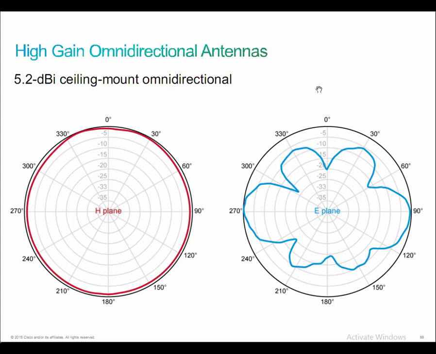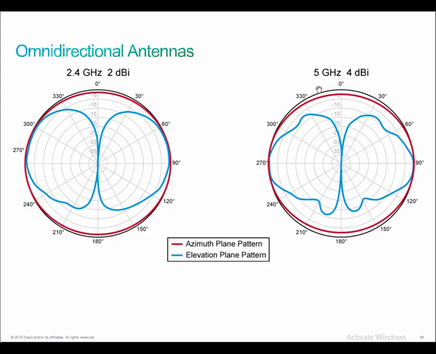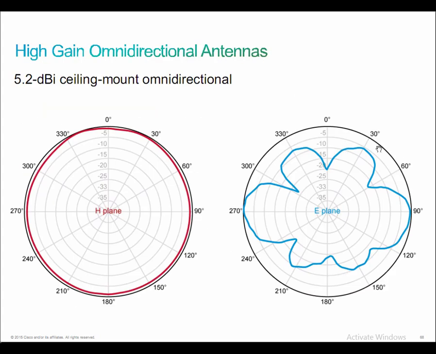If you think about this for a second, let's say in my omnidirectional antenna, I have 20 or 30 points on this line here. Well, when I go down to this, I still have 20 or 30 points, but they're going to be further apart. Does that make sense? So we're not increasing the power, we're distributing the power in a different way. Okay.